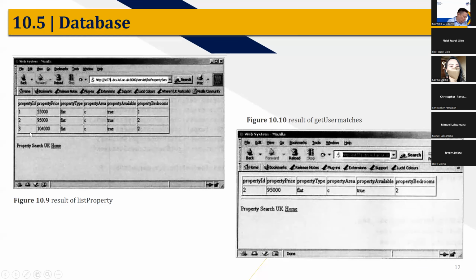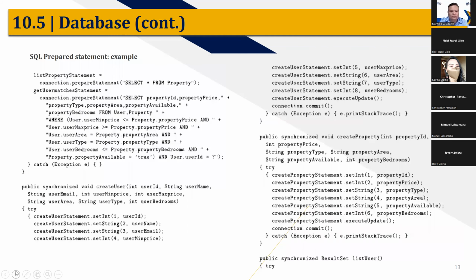And these are the whole, ito yung lahat, referring sa lahat ng walang criteria. Ito yon, nililist niya lahat. But if the user has a users match filter criteria, let's say the property price is around 9,000, it will be displayed like this.